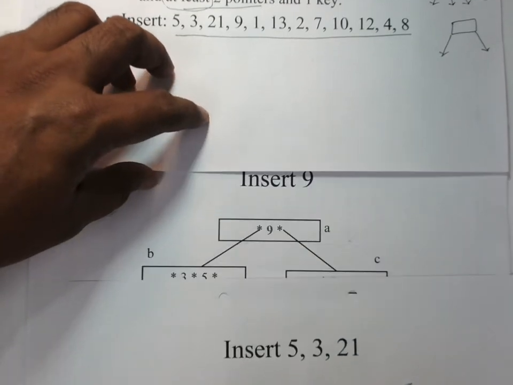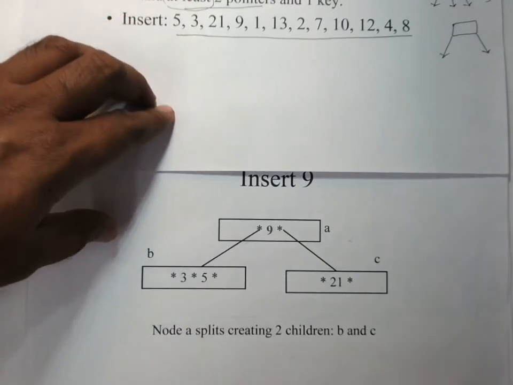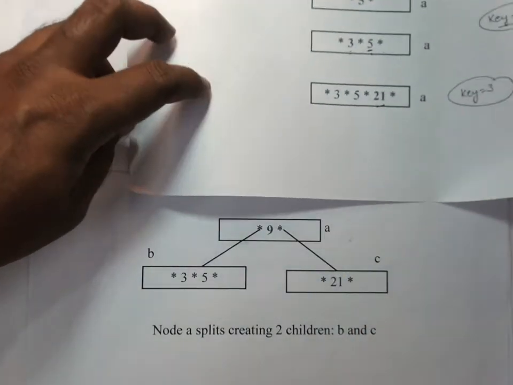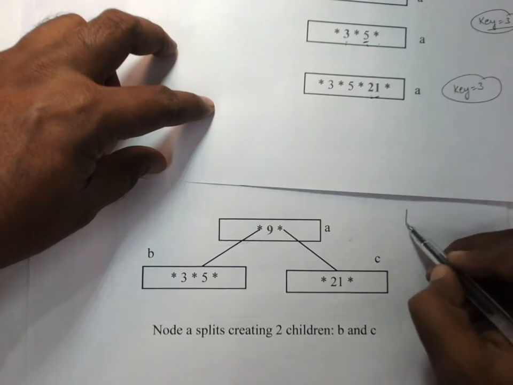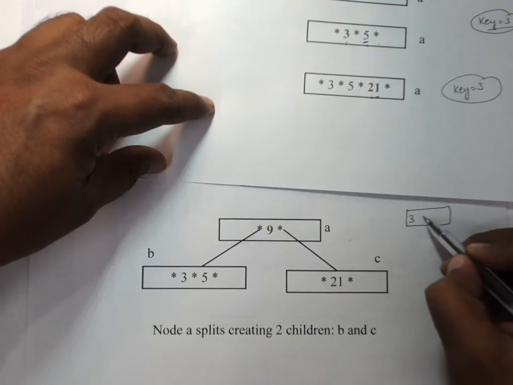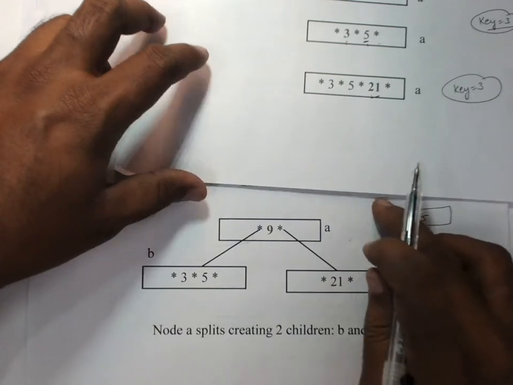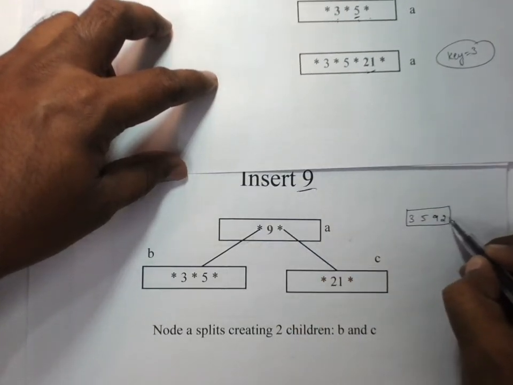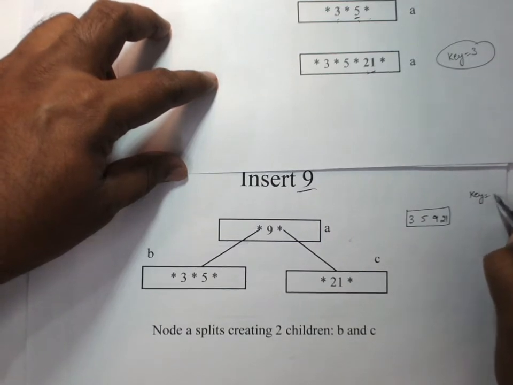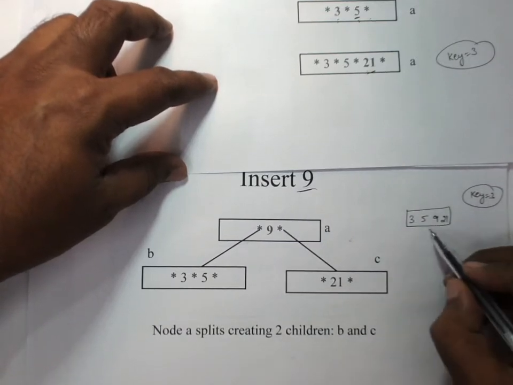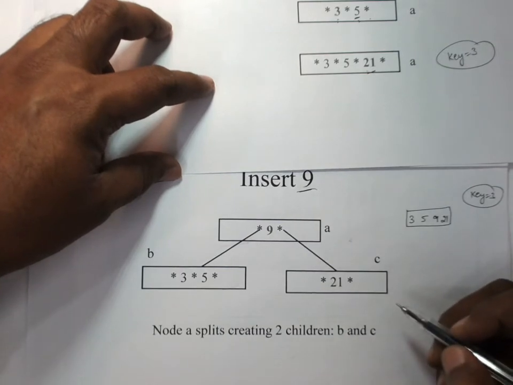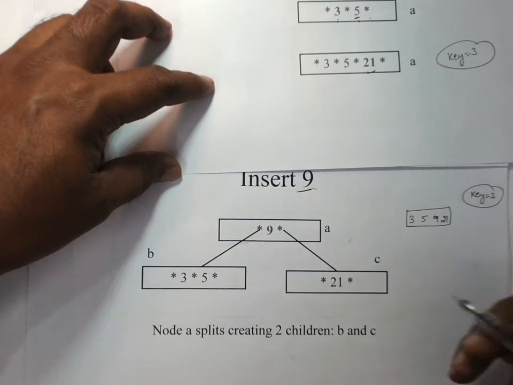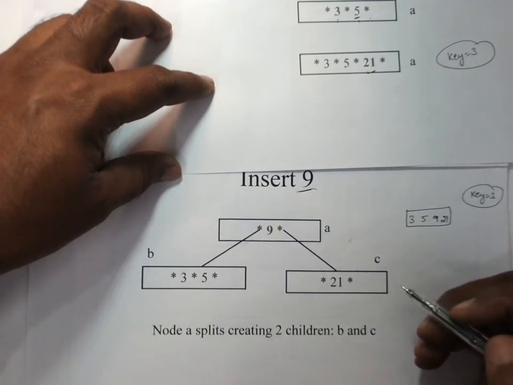Next node to insert is 9. In this situation we have 3, 5, 21 and we want to insert 9. We can insert 9 here, but the key values should be at most 3 and here we would have 4 key values in a particular node, so that is an overflow. How can it be broken?